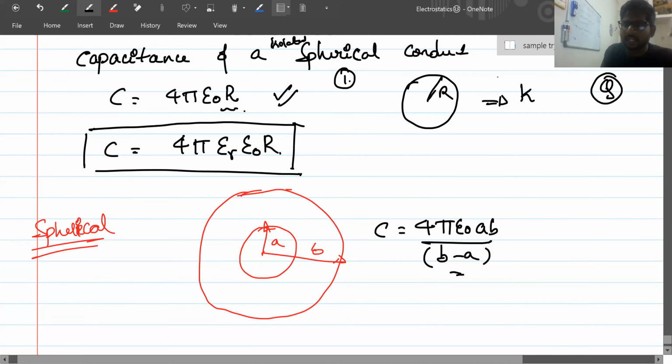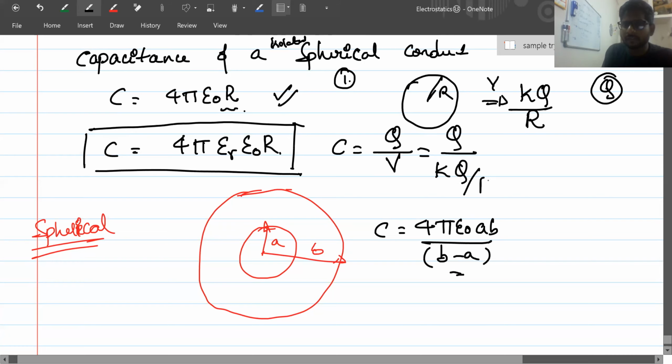Potential is kQ by r, right? Now, what is the formula for capacitance? Charge stored divided by V. Q by potential, which is kQ by r. You see, Q gets cancelled. The answer is r by k. What is k here? 1 by 4 pi epsilon naught.